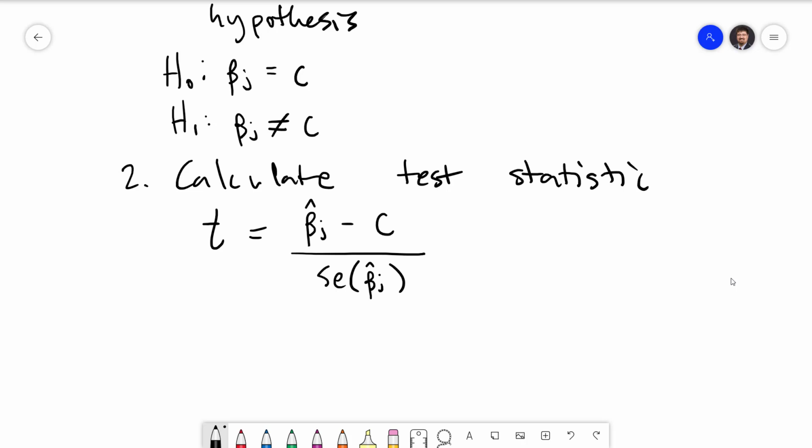So by dividing by the standard error and subtracting off the null hypothesized value, the t-statistic has a standard normal distribution as long as the sample size is sufficiently large, which we say as normal 0, 1. A standard normal is just a normal distribution with a mean of 0 and a standard deviation of 1. We're going to use this fact in a few minutes.